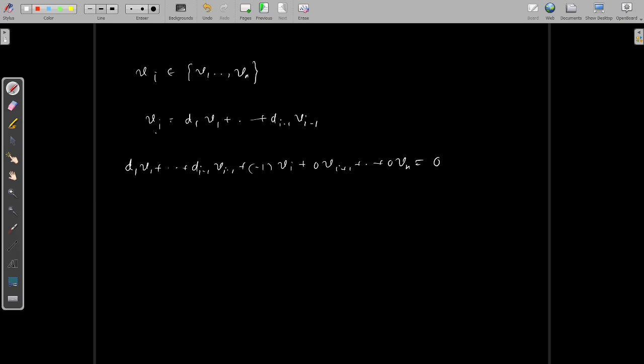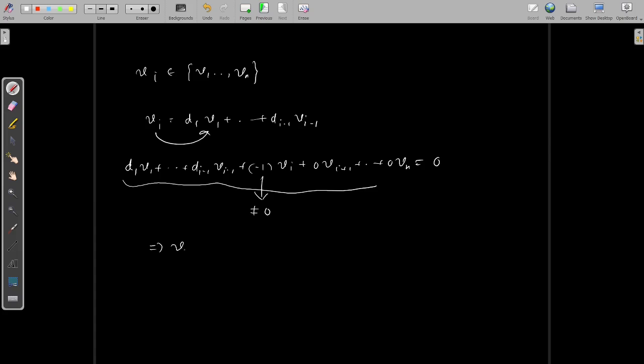When you transpose this vi to the right, you get an expression whose coefficients are not all 0, because this is a non-zero coefficient. So by putting non-zero coefficients, you get this expression equal to 0.